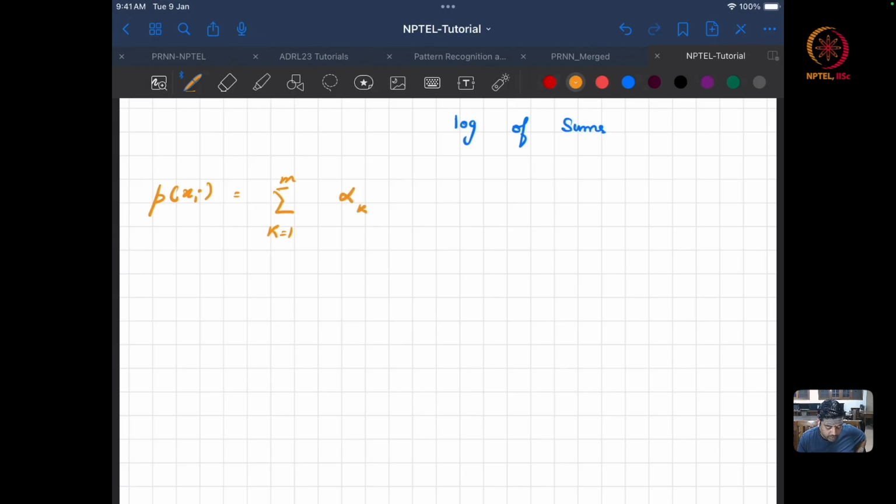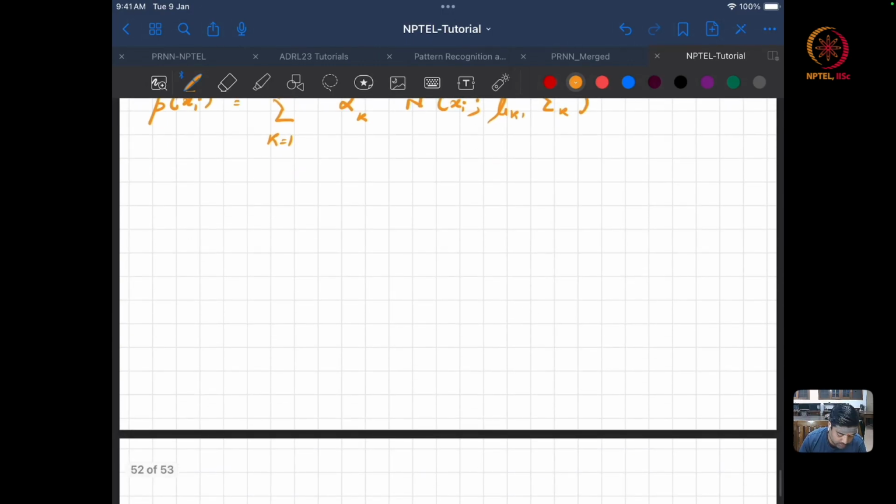You choose z equals k, the kth Gaussian, with probability alpha k, and the sum over k equals 1 to m of alpha k has to be 1.